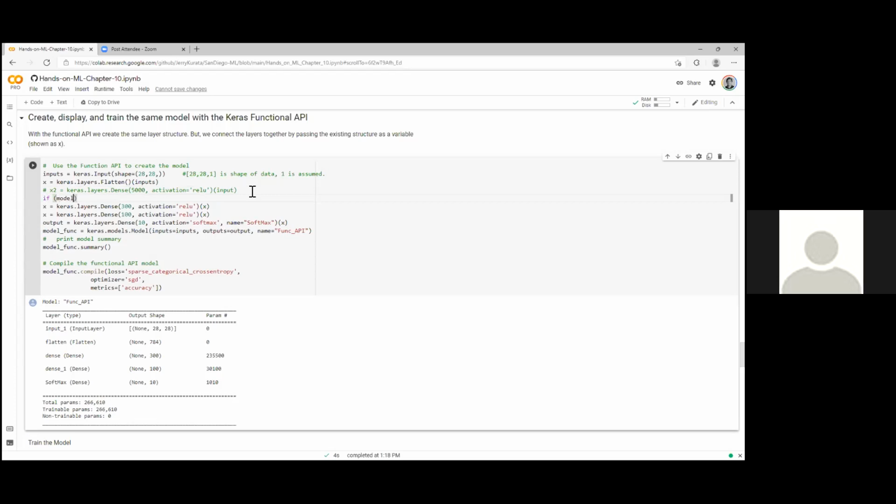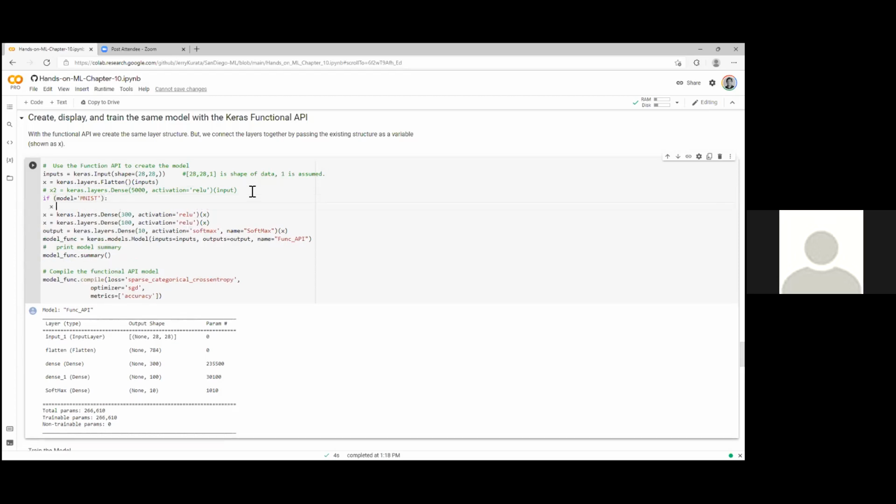Something called model equals M. Did I copy?